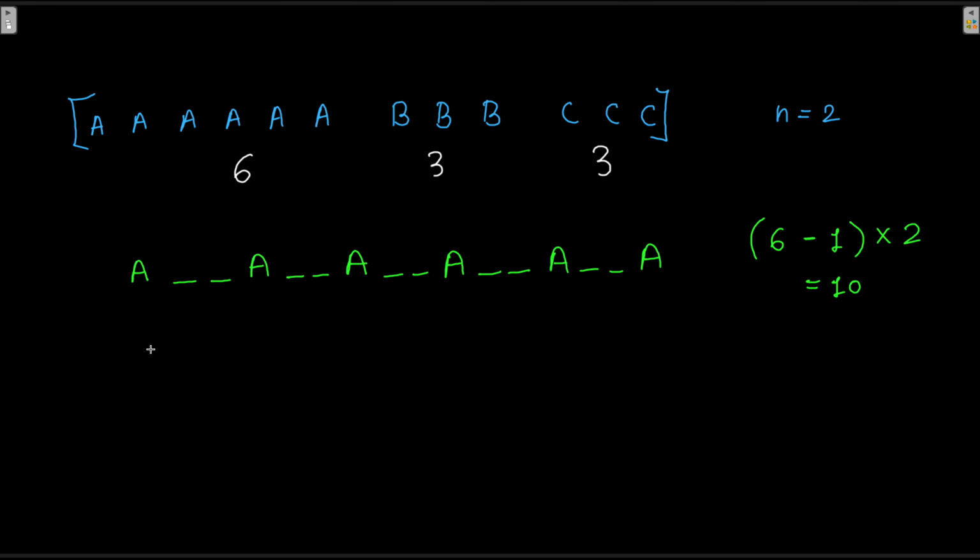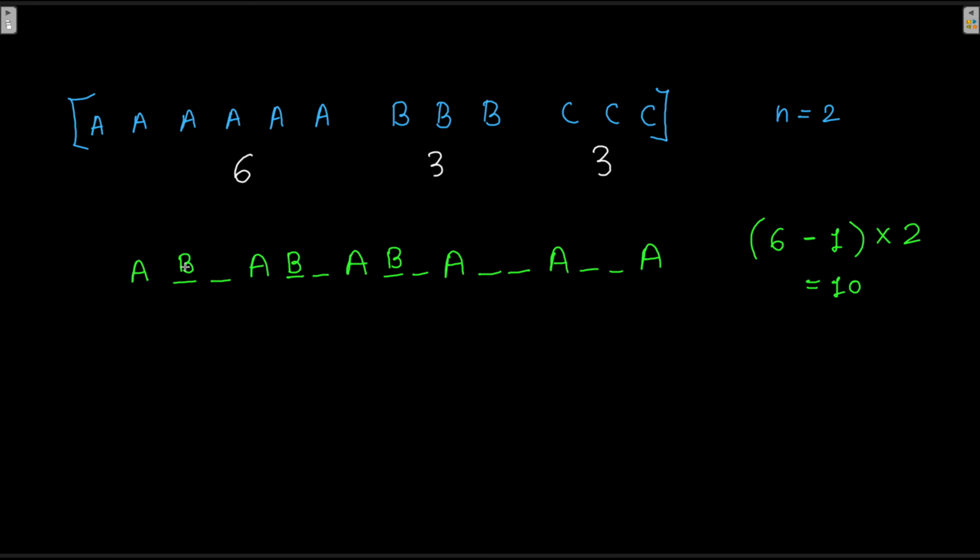Now the question remains, we need to find out the total number of idle cycles in the minimum case, so that all of these tasks can be executed, including considering the cooling down period as well. So now we are left with B, B, B, C, C, C. So I can put B here, then another B here, then the next one here.